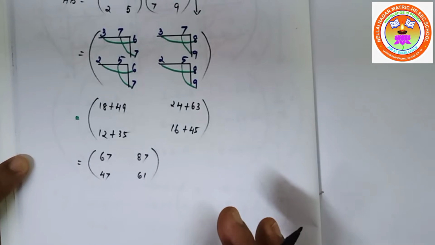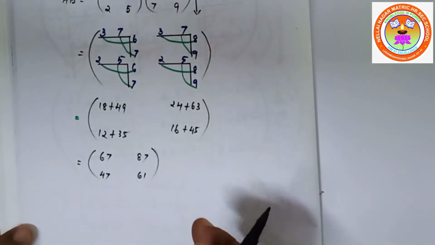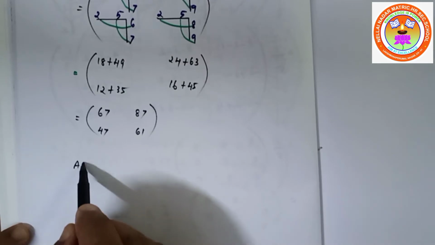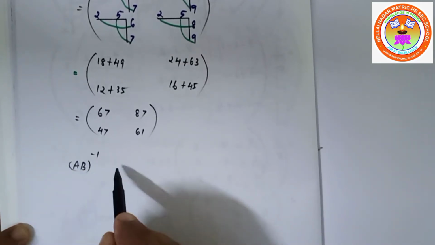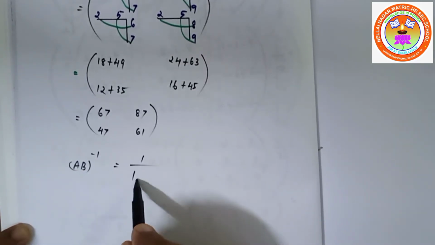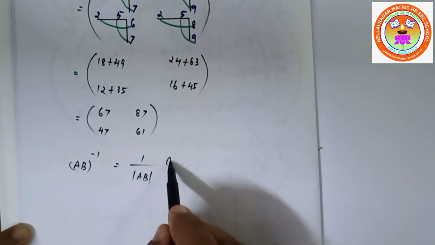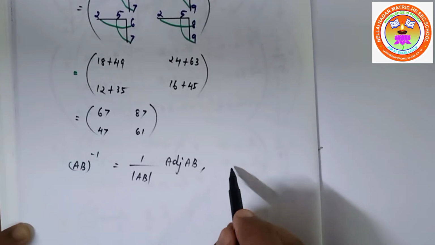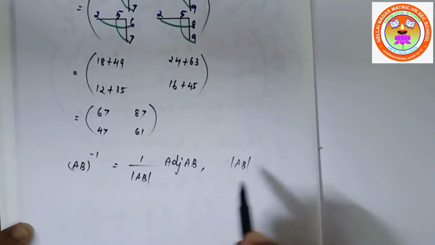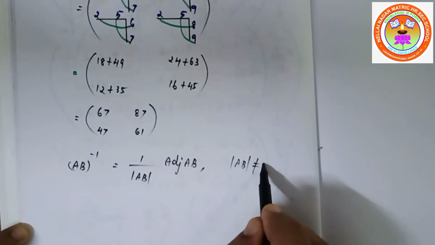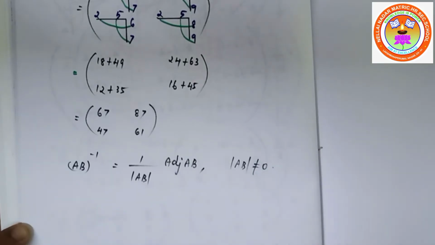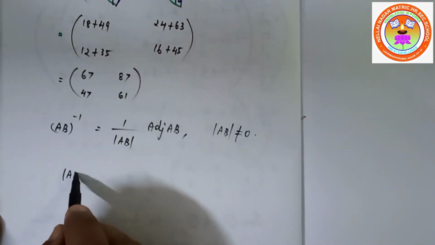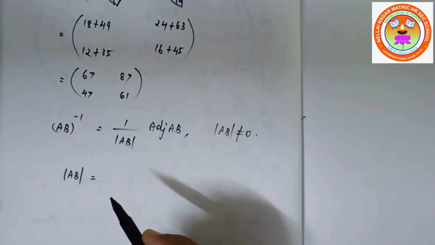AB is over. Now I am going to find out (AB) inverse. For that you have to write the formula: (AB) inverse is equal to 1 by determinant of AB into adjoint of AB. The condition is the determinant of AB, which is in the denominator, is not equal to 0. So we find the determinant of AB first.